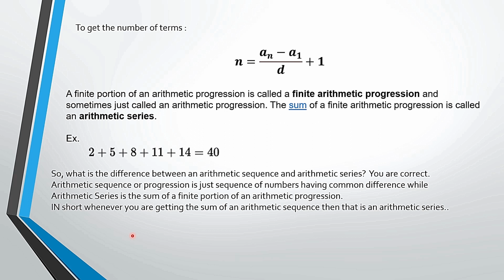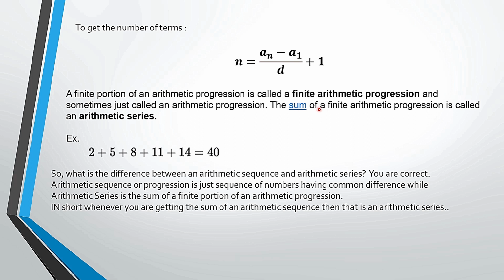To get the number of terms, we will use the formula n is equal to a sub n minus a sub 1 all over d plus 1. A finite portion of an arithmetic progression is called a finite arithmetic progression and sometimes simply called arithmetic progression.